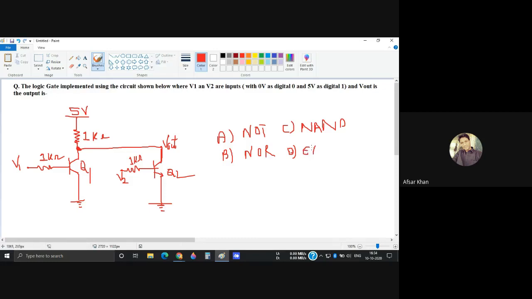So we have to observe this circuit and tell which gate this is. Have you written the question? Can you tell me which gate is represented by this circuit?